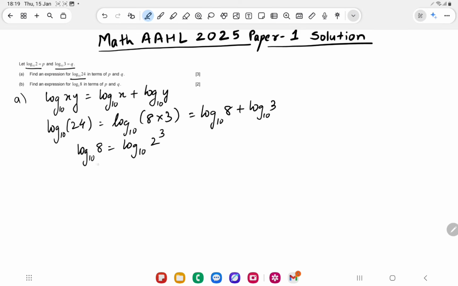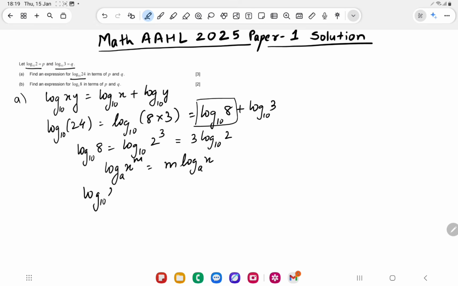And now I have to apply another property of log. If I have log x to the power m with any base, I can write it as m log x with base a. So if I apply this property over here, I can write it as 3 log 2 with base 10. And I can simplify this step.